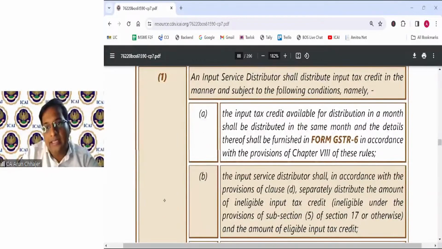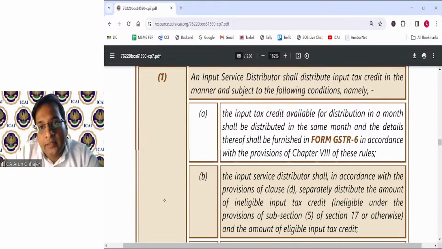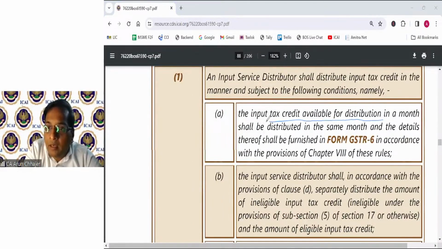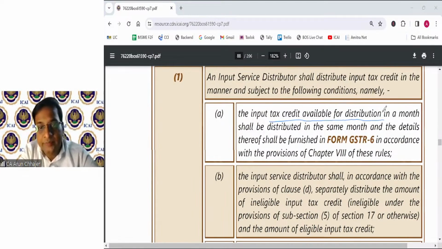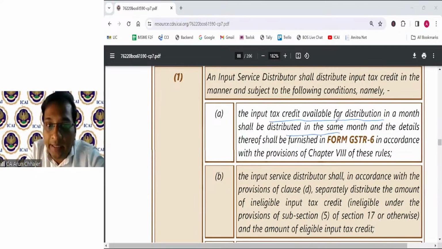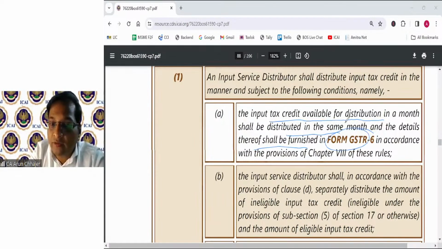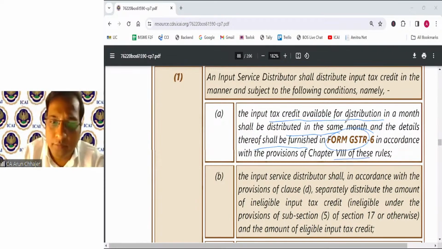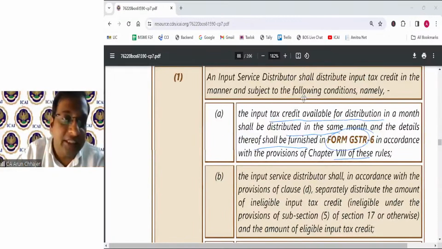ISD shall distribute the ITC in the manner and subject to the following conditions, namely: the input tax credit available for distribution in a month shall be distributed in the same month and the details thereof shall be furnished in GSTR 6 in accordance with the provisions of chapter 8 of these rules. So chapter 8 is basically talking about the GST returns.